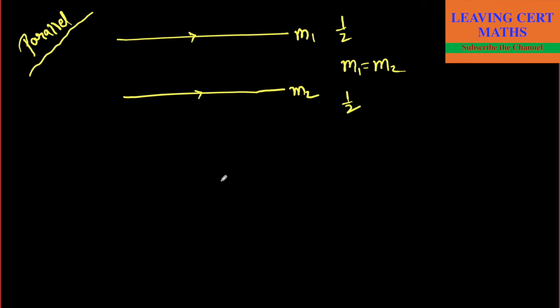Now let's draw the condition for the perpendicular lines. Let's say there is one line and there is another line and they are making 90 degrees, and that we say in maths they are perpendicular to each other. Now if the slope of this is m1 and the slope of this is m2, what is the relation between them?